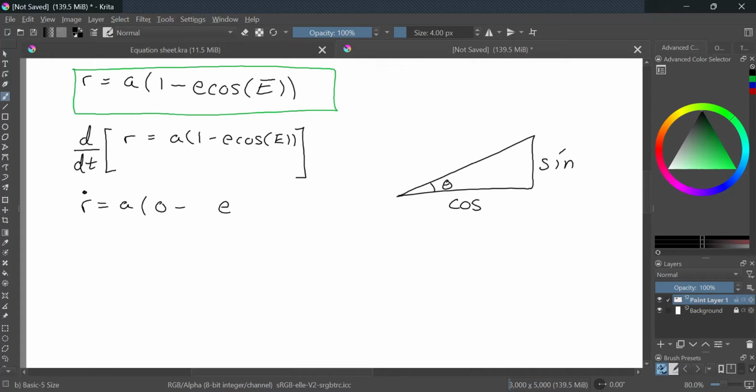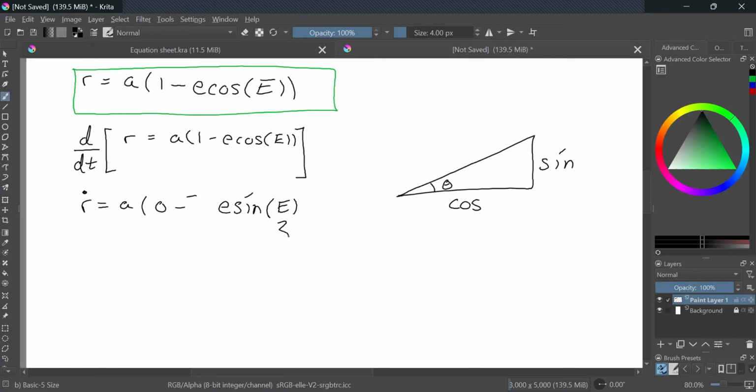So cosine is the rate of change of sine, and minus sine is the rate of change of cosine. So let me write down sine before I forget, and then I'll put the minus up here.